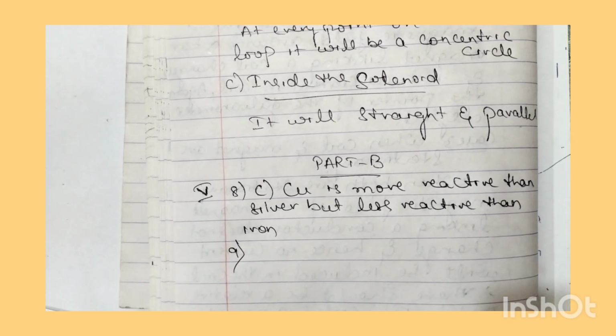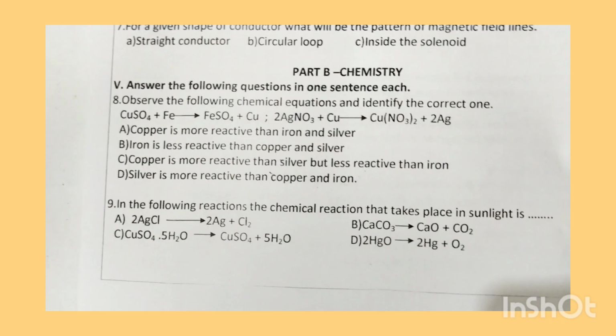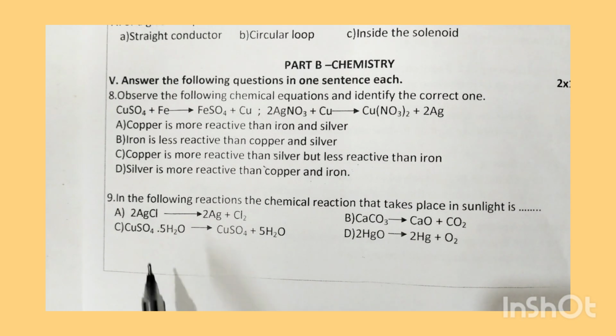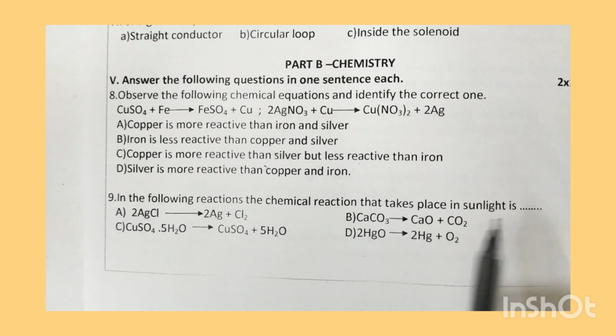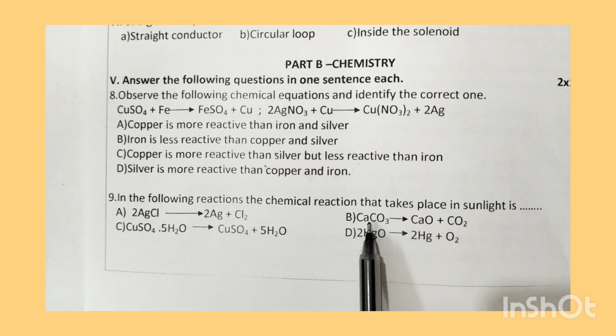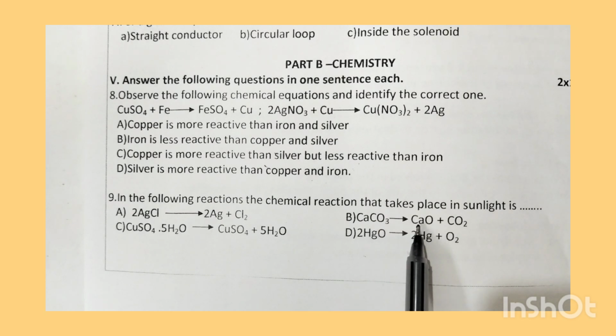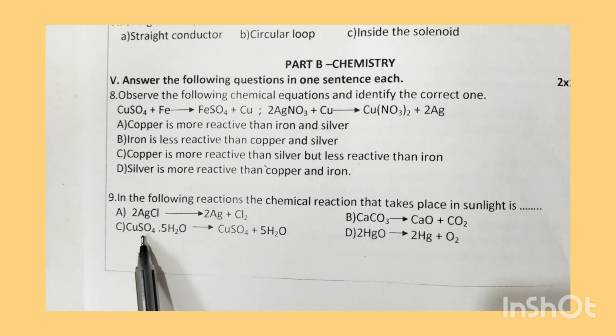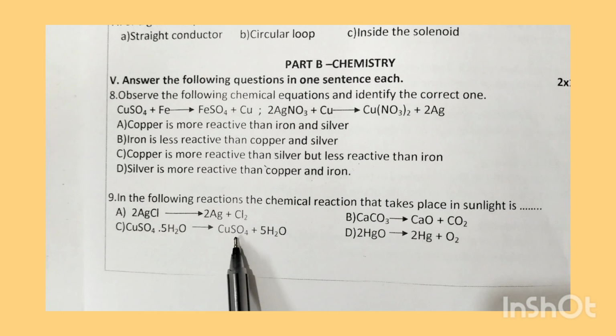Now let us move to the ninth question. In the following reactions, the chemical reaction that takes place in sunlight is: 2AgCl gives 2Ag plus Cl2; CaCO3 gives CaO plus CO2; CuSO4 plus 5H2O gives CuSO4.5H2O; 2HgO gives 2Hg plus O2.